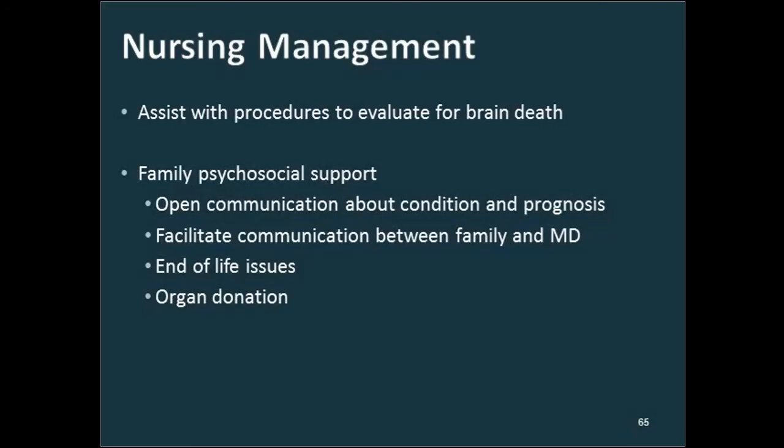Also, in Louisiana, the organ procurement agency, LOPA, the Louisiana Organ Procurement Agency, has asked that all deaths be reported to them so that they can screen the patient for potential donation. Donation doesn't have to just be organs.